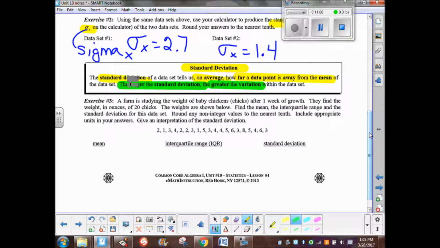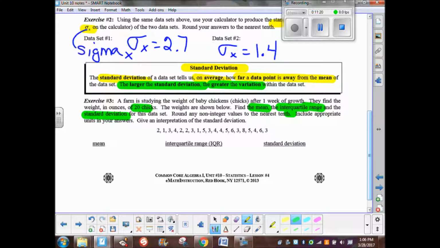All right, so example 3 says, a farmer is studying the weight of baby chicks after 1 week of growth. I think we have this info on another question. They find the weight in ounces of 20 chicks. The weights are shown. I want to find the mean, the IQR, and the standard deviation for this data.